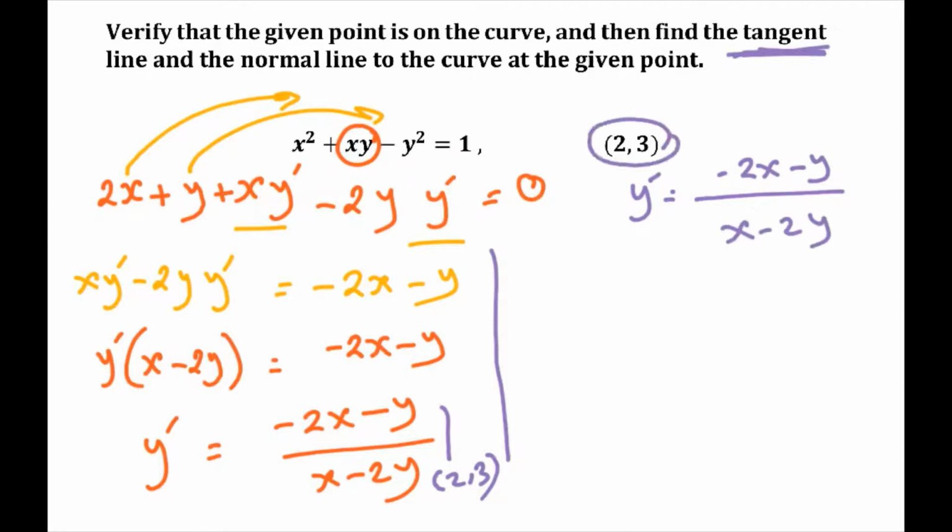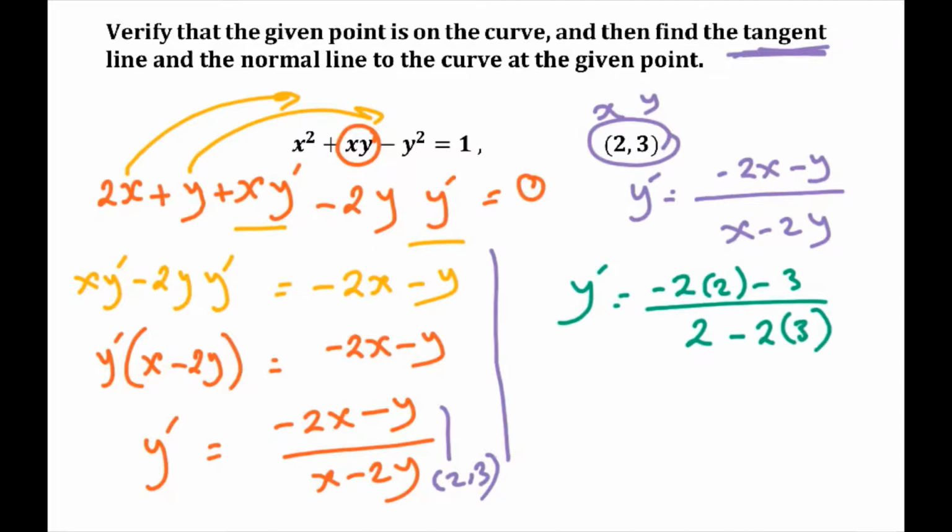Substitute x by 2, y by 3: y prime equals negative 2 times 2 minus 3 over 2 minus 2 times 3. If you calculate this, you are going to get 7 over 4. That's my slope of the tangent.